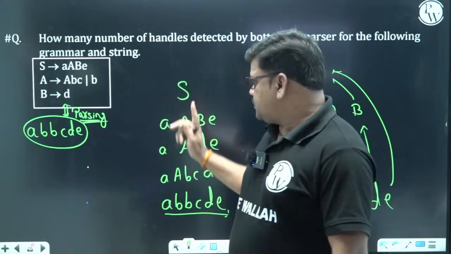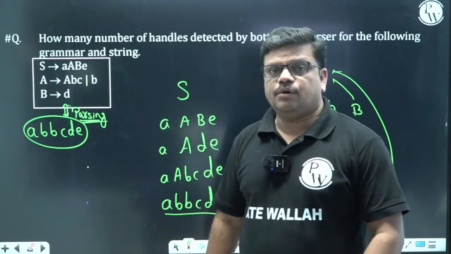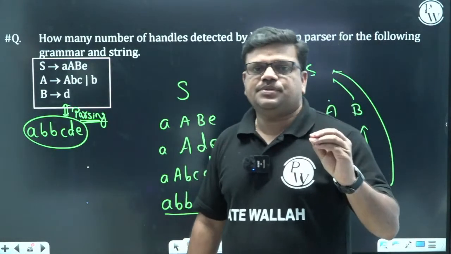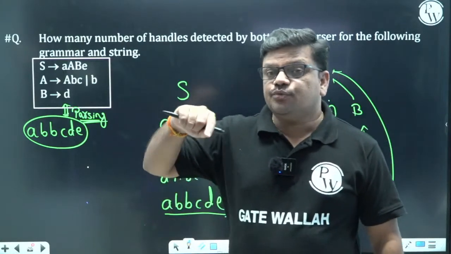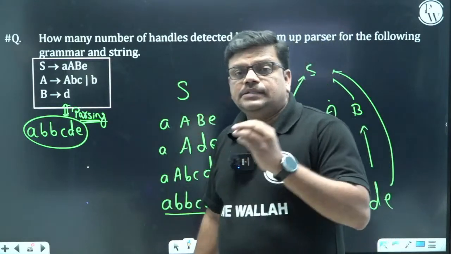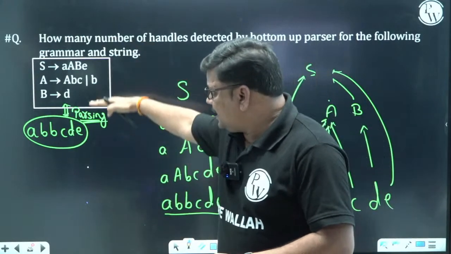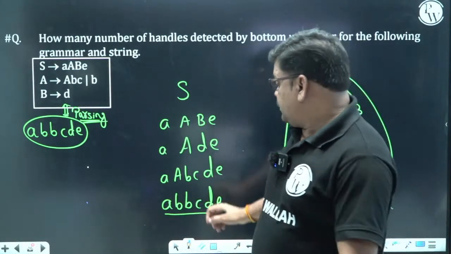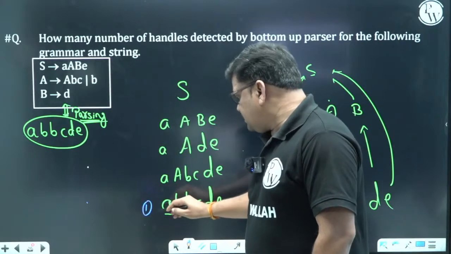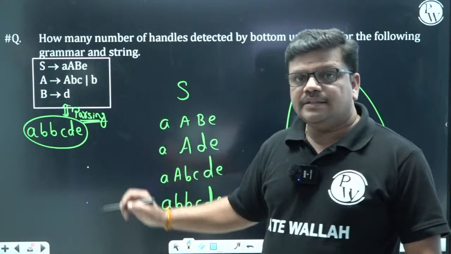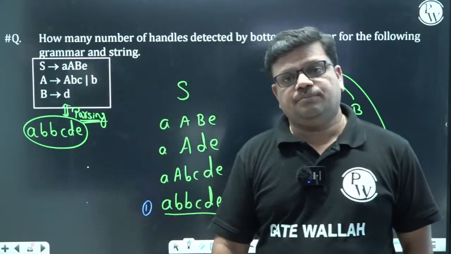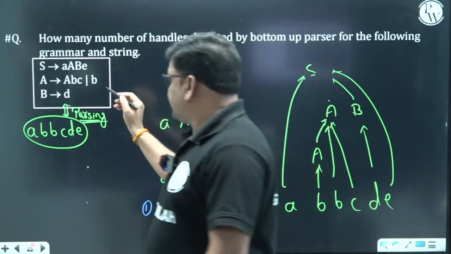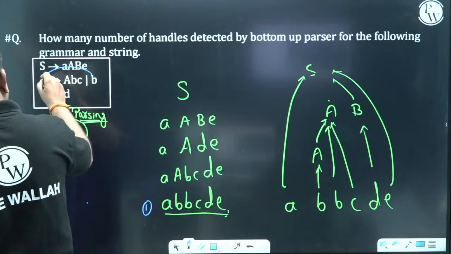In the input, we look for any substring that matches the grammar's right-hand side part. So bottom-up parsers always concentrate on the grammar's right-hand side part. That is the main important thing here. In every step, the parser observes whether any substring from the input matches a grammar right-hand side. If any substring matches, then the corresponding left-hand side non-terminal will replace it.